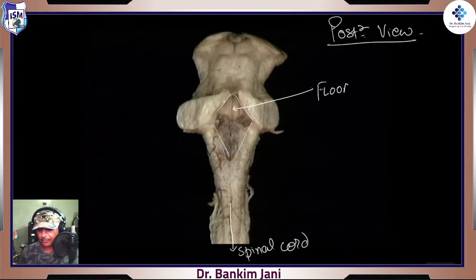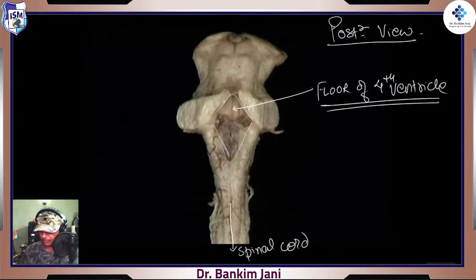So this thing will continue as spinal cord past the foramen magnum, correct? This area, what you are watching over here, this deep space, is the floor of the fourth ventricle. So what was the fourth ventricle?